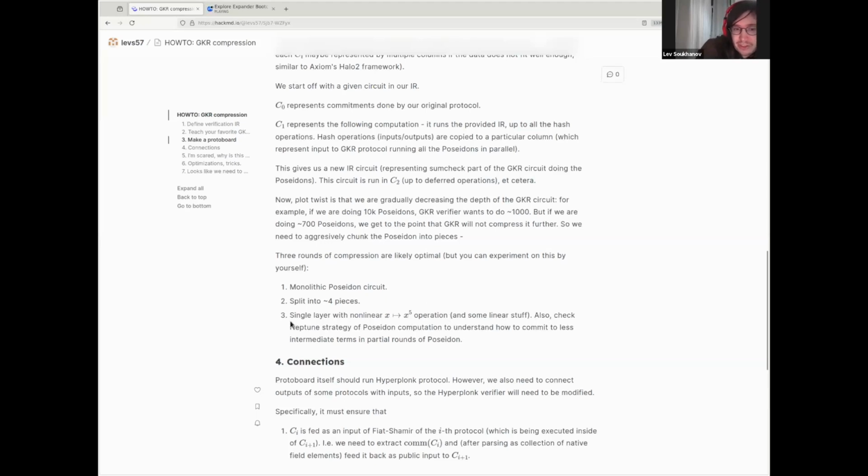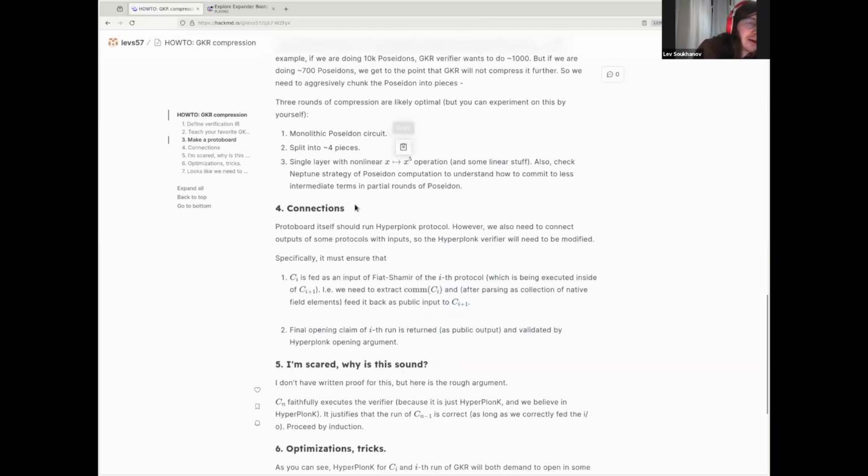And you can check the Neptune strategy of Poseidon to understand how it allows to deal with partial rounds, because chunking Poseidon into more than a few pieces is not actually effective due to how it works.